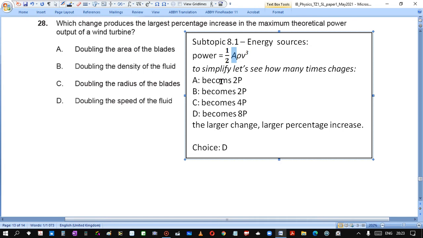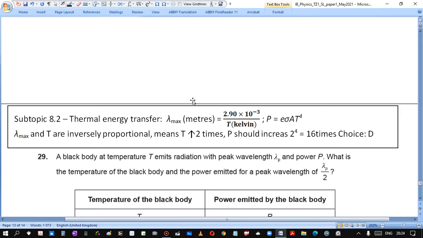Doubling the area becomes 2 times power. Doubling density becomes 2 times power. Doubling the radius becomes 4 times power. And doubling the speed becomes 8 times power. The larger the change, the larger percentage increase. So choice D is the answer.